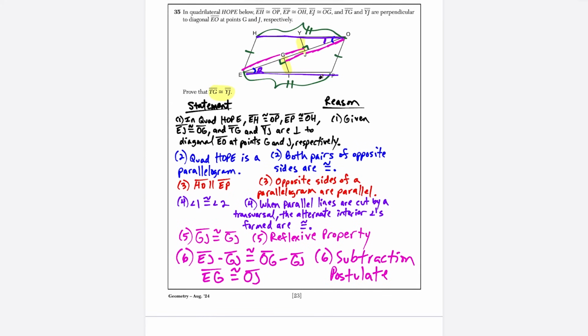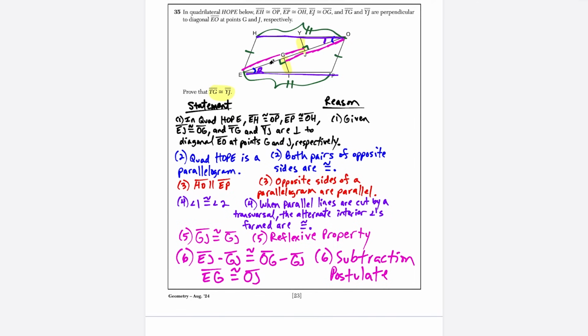Notice in the beginning, we said that EJ was congruent to OG, and then in this statement, we said GJ is congruent to itself. So when I do EJ minus GJ is congruent to OG minus GJ, I'm ready to go because I already made two statements of congruence before. And remember, the subtraction postulate says when congruent segments are subtracted from congruent segments, the differences are congruent. So statement 6 is valid.